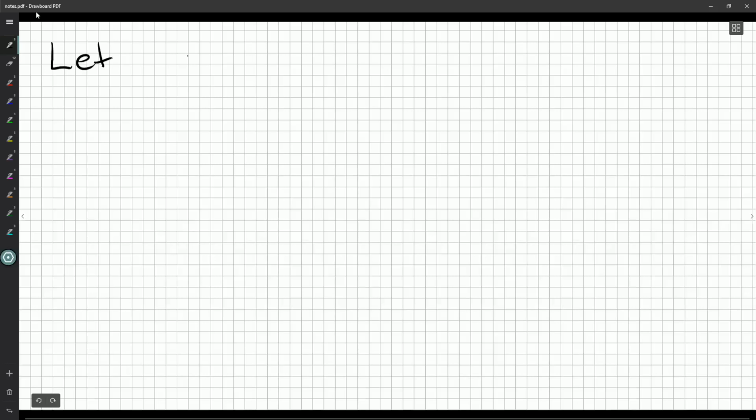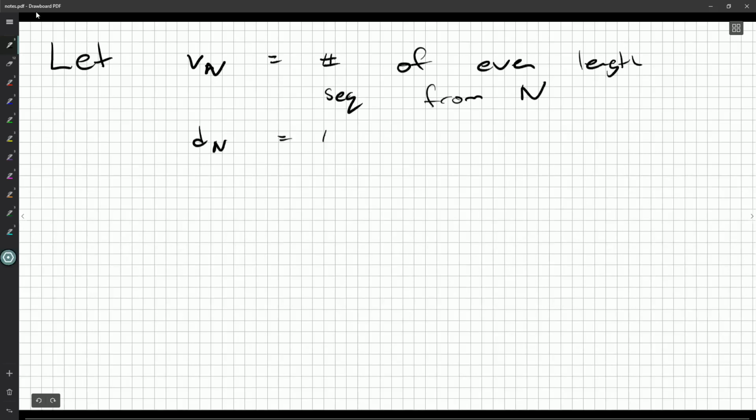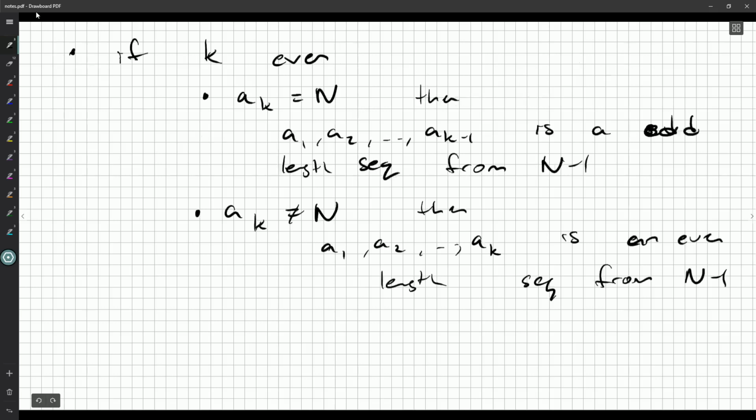So let Vn equal the number of even length sequences from n. I'm going to let Dn be the number of odd length sequences from n.